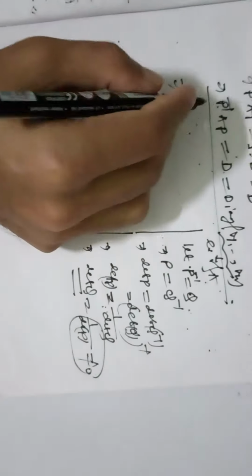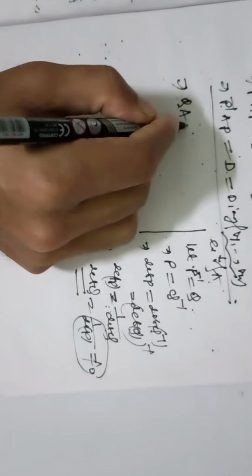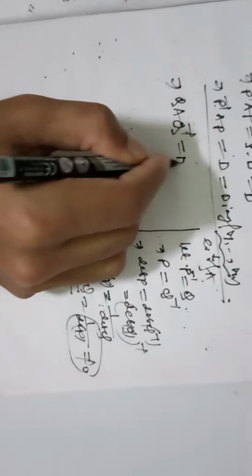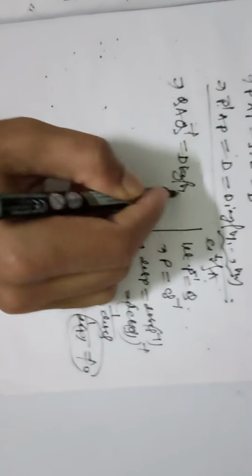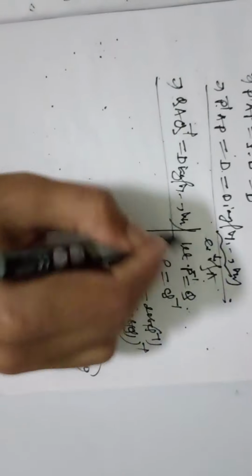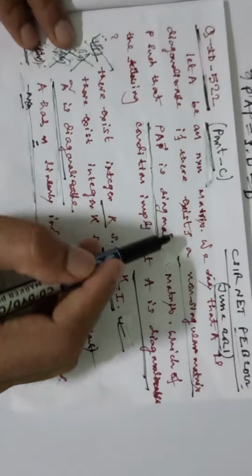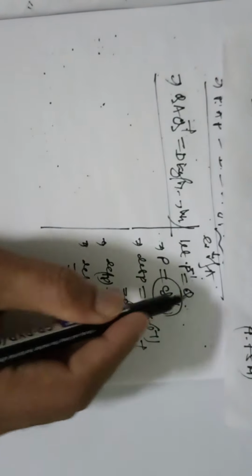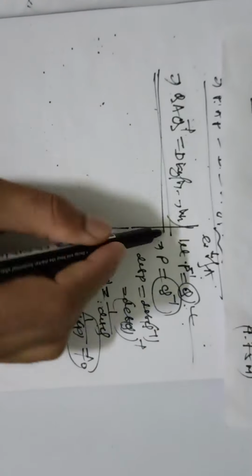So put P inverse equal to Q, and you get Q A Q inverse, and D is also D. Now you get the format given in the question. In the question it is P, in place of which I have Q, no problem. You have to find a non-zero matrix such that P A P inverse is diagonal. So I find a non-zero matrix Q so that Q A Q inverse is diagonal.